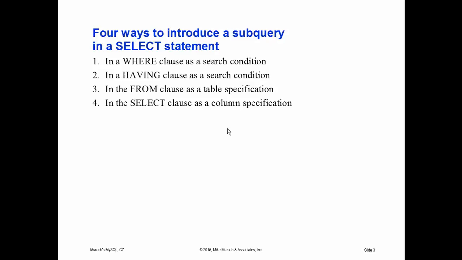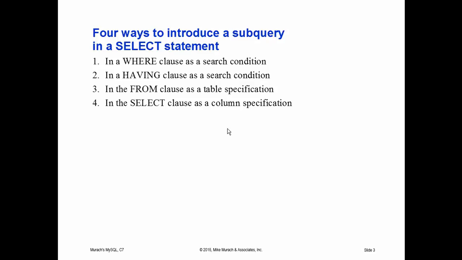So the author says here's 4 ways to introduce a subquery in a select statement. So in other words, inside of a where statement, instead of having a condition in there, you can have another select statement. So you have a select within a select. You can do it within a where or a having, and both times, you're working with search conditions. Now, what are the differences between those?